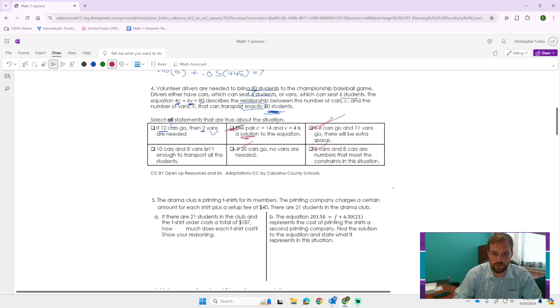But is this statement true? Like if I plug in 6 and I plug in 11, it works, but there will be extra space left over. Makes sense to me. If 20 cars go, no vans are needed, and 8 vans and 8 cars are numbers that meet the constraints in this situation. So those work, but the other 2 do not. All right.